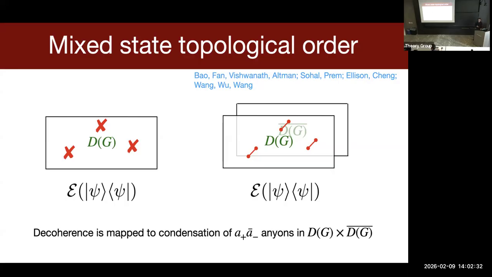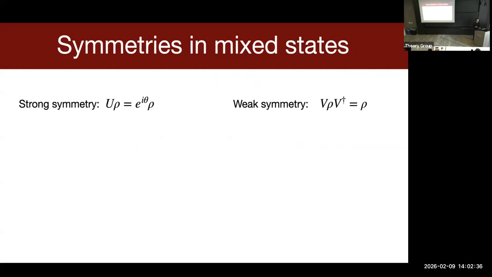Okay, so the extra ingredient that a mixed state buys you is that you're working in this doubled, bigger Hilbert space, and so that comes along with an extra notion of symmetry that's not important in pure states.